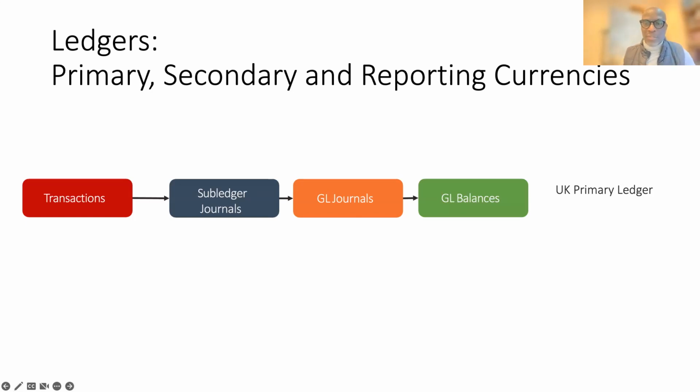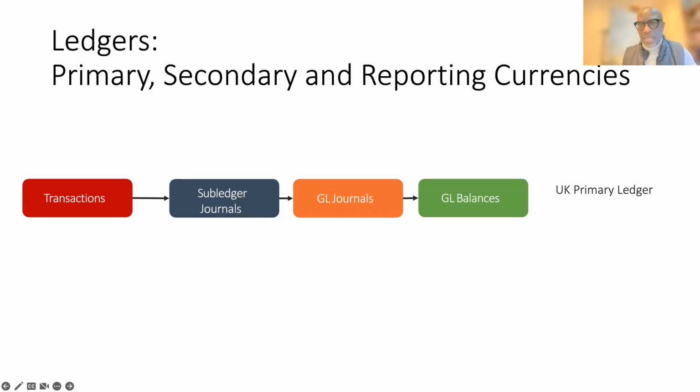And every accounting configuration is uniquely identified by the primary ledger. Primary ledger is also closely associated with the sub-ledger transaction and provides a context for the accounting for those transactions. Now, depending on the structure of the organization, you could have a requirement to report in another currency.